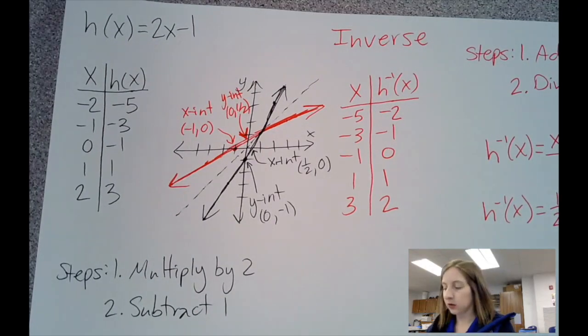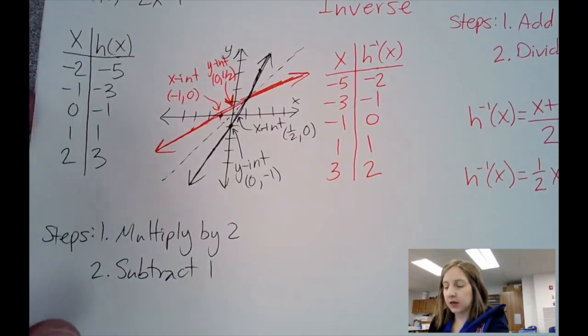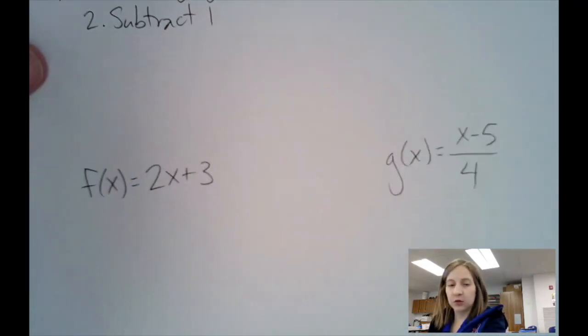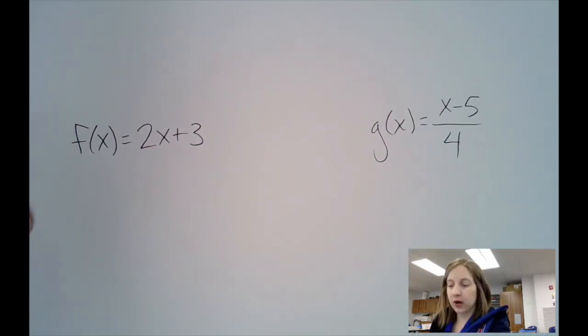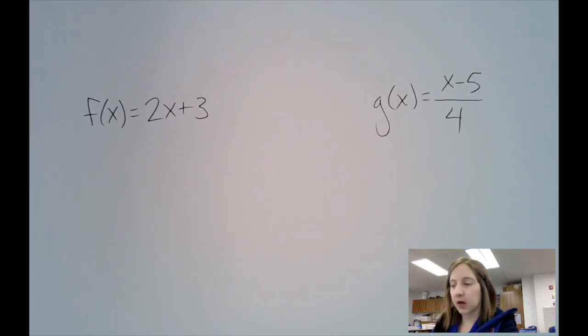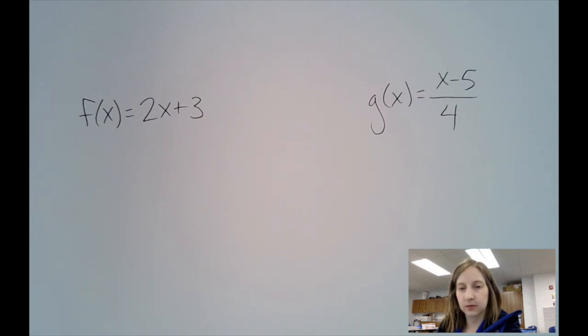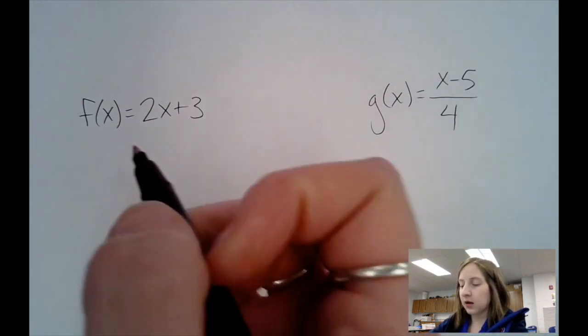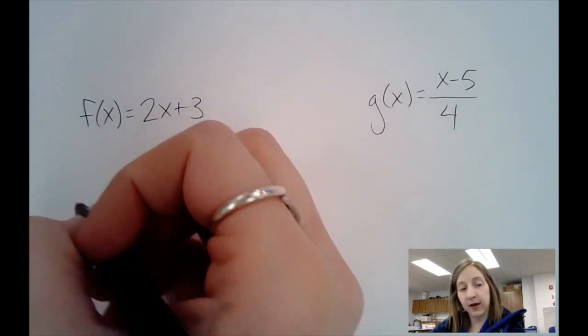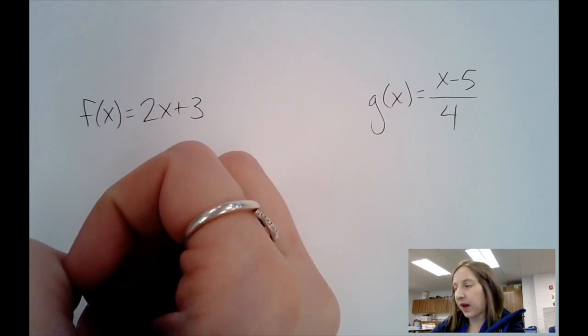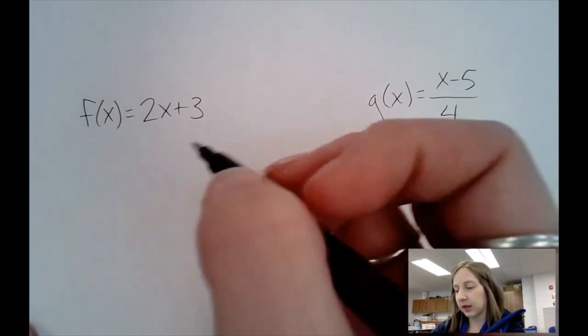All right. So what I want you guys to do now is go ahead and try these next two problems. You don't need to graph them or make tables, but just try writing out the steps and then coming up with the inverse. So go ahead and pause and try it and then come back. All right, now that you've had a chance to try it, I'm going to just give you what the final solution should be, and then we'll go back and look at the steps in just a second.